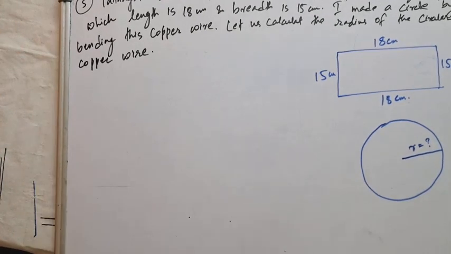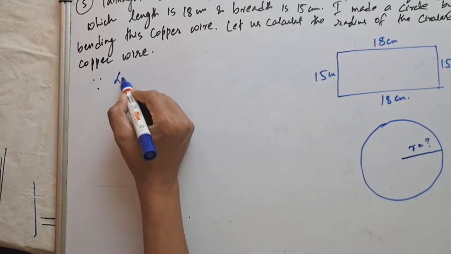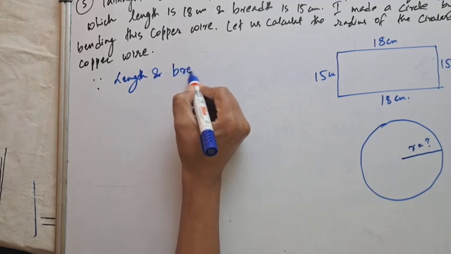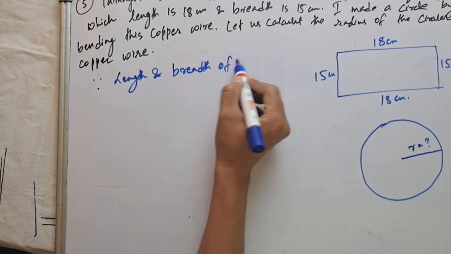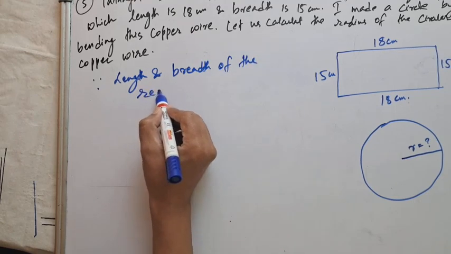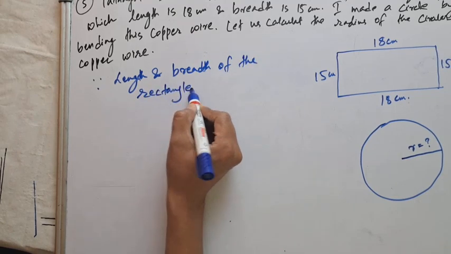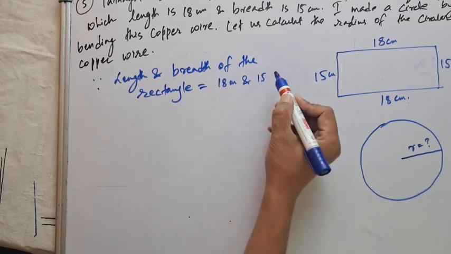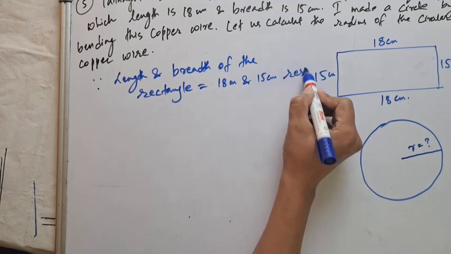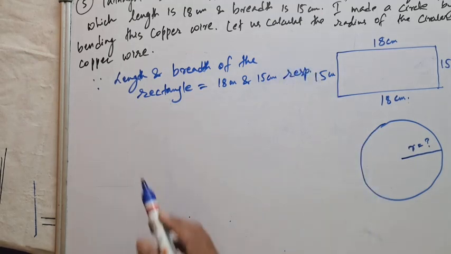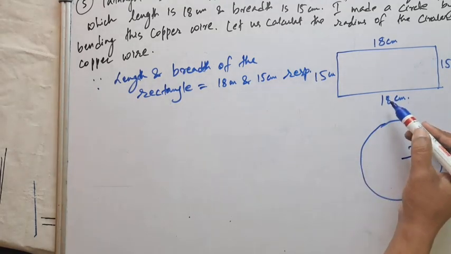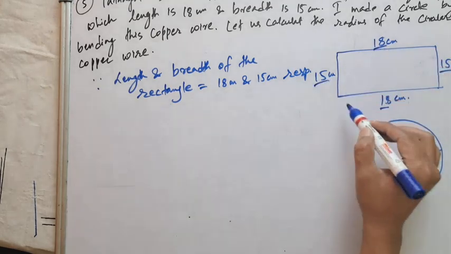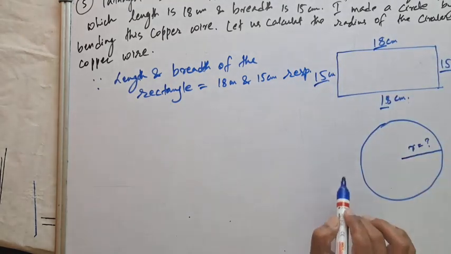Now let us do this question. Since length and breadth of the rectangle are equal to 18 centimeter and 15 centimeter respectively, the perimeter will be the sum of all sides: this length plus this breadth plus this length plus this breadth. When we add all the four sides, we get the perimeter, isn't it?